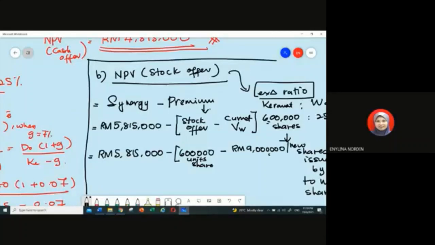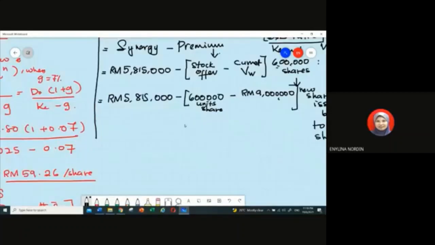As you can see in that equation, the stock offer is in the form of number of shares. So this again means the equation cannot be solved.